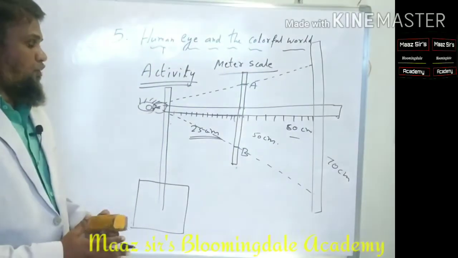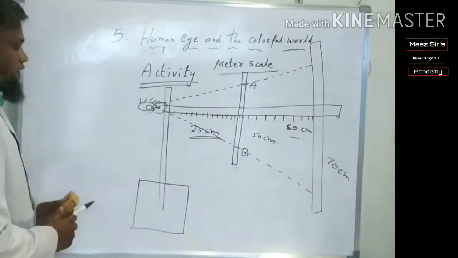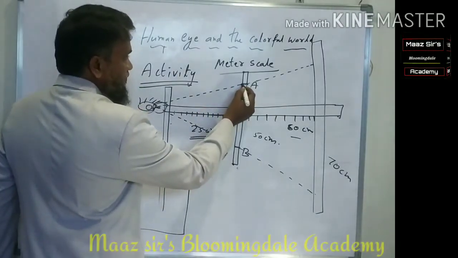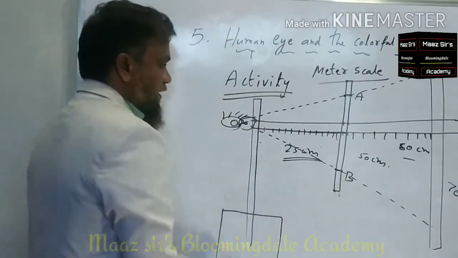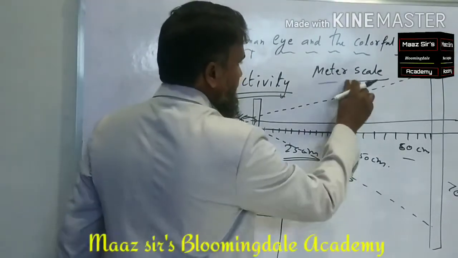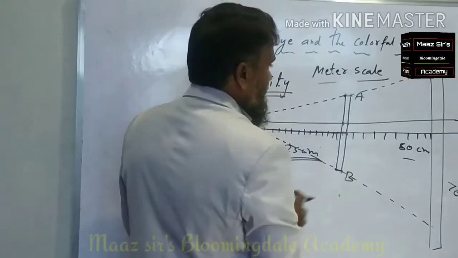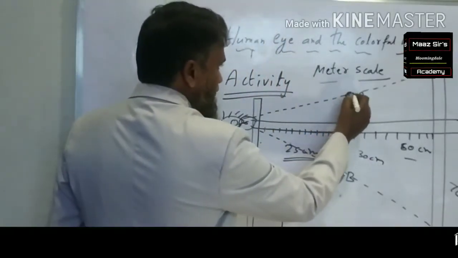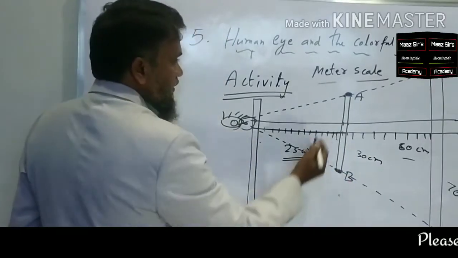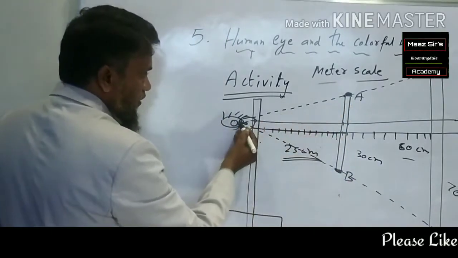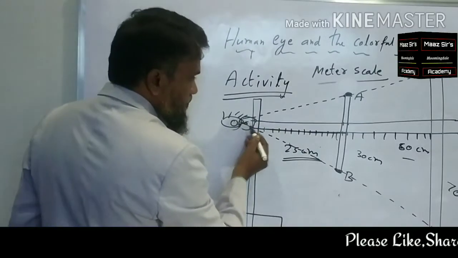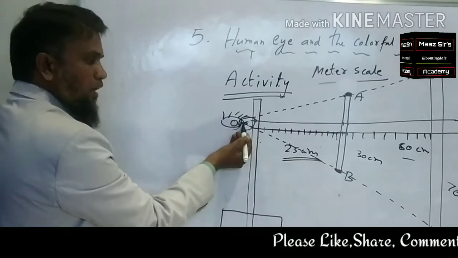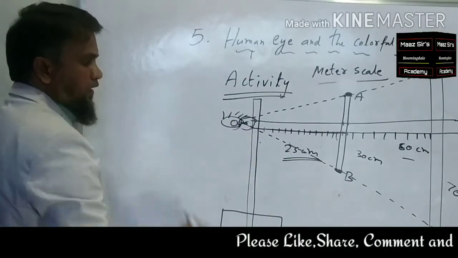So to understand this phenomenon, we have to look here that the rays are falling from these 2 points. Let us take this is 30 centimeter. First case, this is 30 centimeter. So this is the top of the object and this is the bottom of the object. So the light rays are coming into the eye from the top, and here also from the bottom the light rays are coming into the eye.